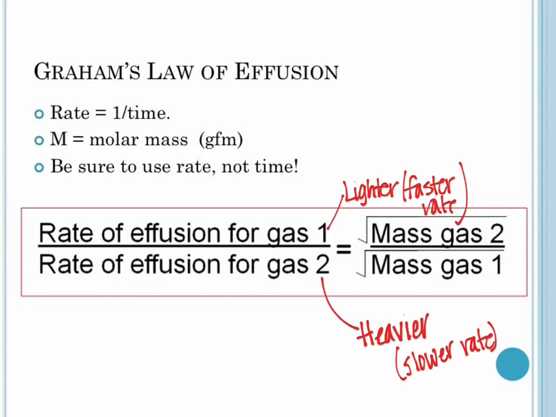So this proportion is inversely proportional to the square root of the masses. Gas 2, we said, is heavy. Gas 1 is light. So we need the molar mass of those gases. Do the math, and we can figure out what the molar mass is of a gas based on its rate.